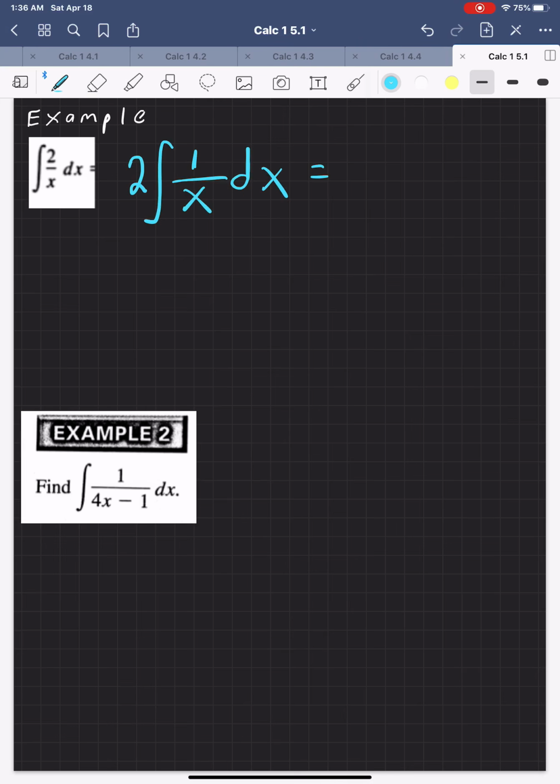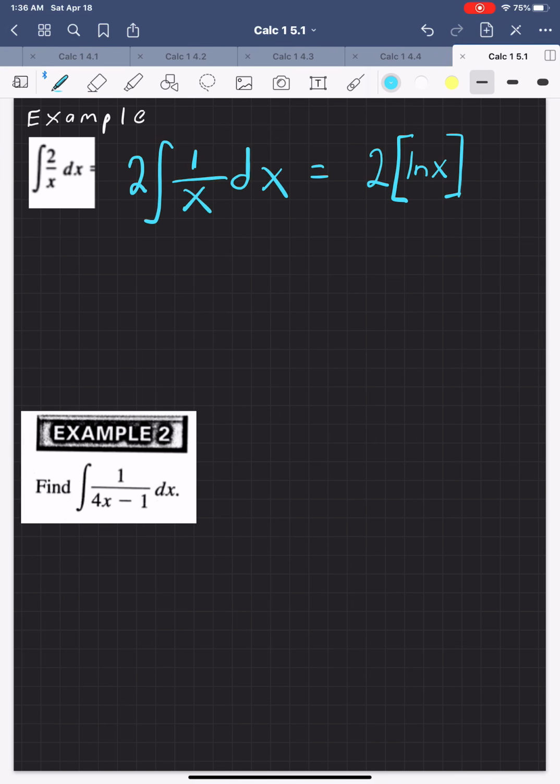You can always, by the constant multiple rule, bring that 2 out front. And then this is an easy integral. The integral of 1 over x is just ln of x, because the derivative of ln x is 1 over x. So we end up with 2 times the ln of x.